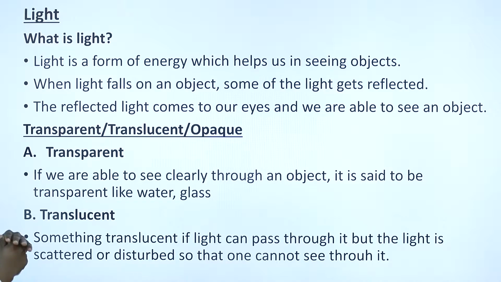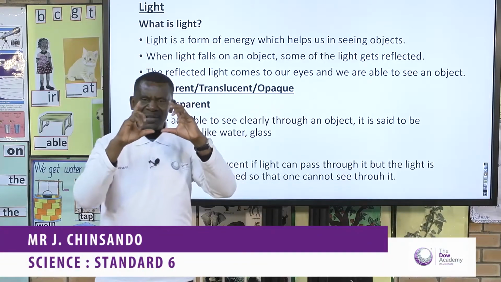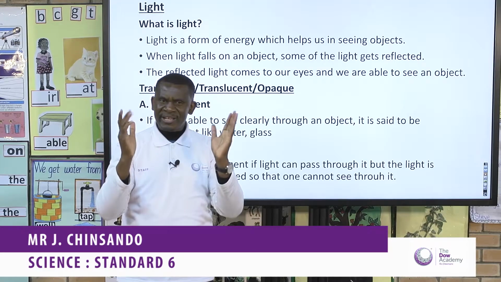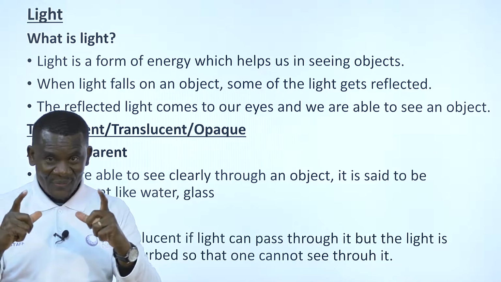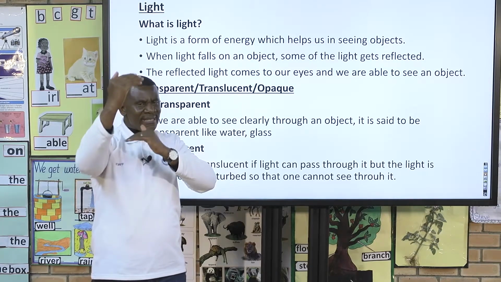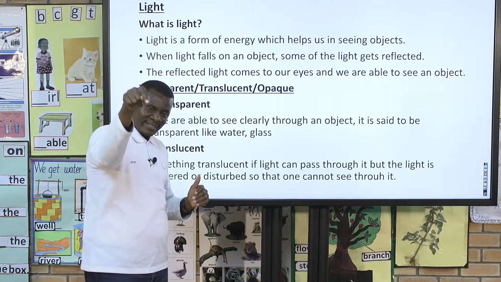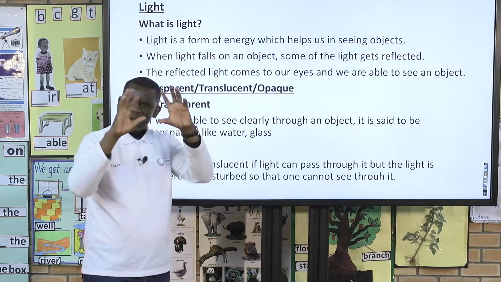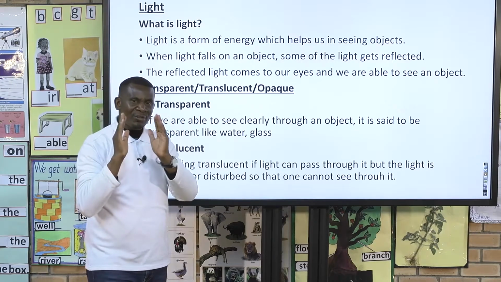Then we have a translucent. You have seen some glass panes that are found in, let's say, the bathroom. Are they clear? No, they are not clear, but if there is light inside, you are able to say there is light inside, but you can't see exactly where the source of light is. You can say there is light there, but it is not very clear.